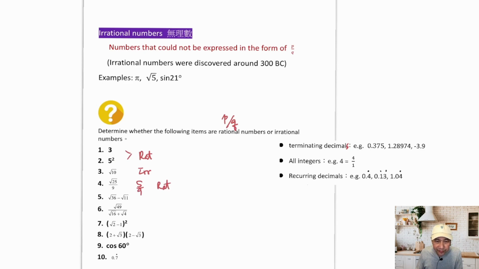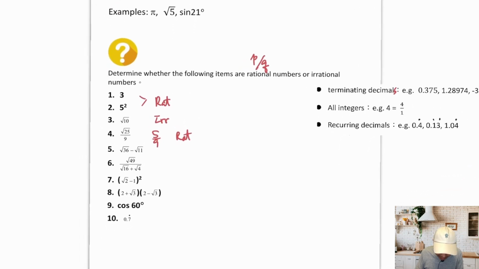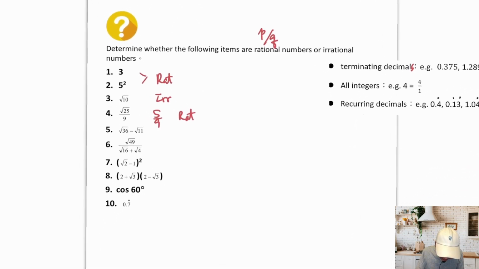Number 5, root 36 minus root 11, is equal to 6 minus root 11, which is a decimal without end. So this number is an irrational number.